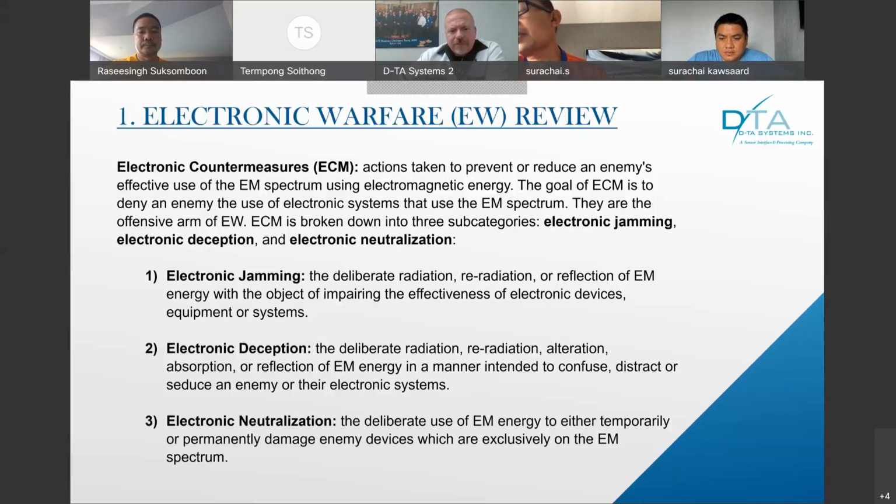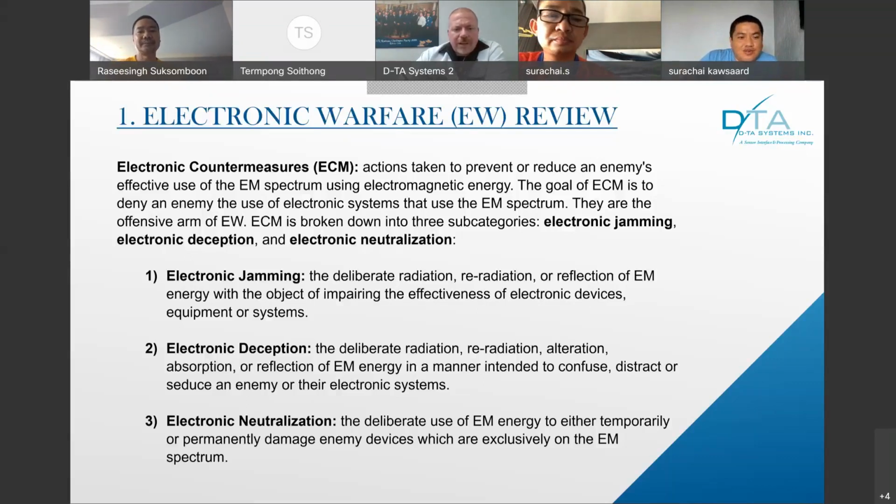So some of the different ways which we could do this, RAM pads, for example, would be a version of deception, because using RAM pads on the ship, you can help reduce your radar cross-section and you can make a frigate look no bigger than a fishing boat. Lighting is another example. If you set up lighting similar to that of a fishing boat, then once again, that's electronic deception.